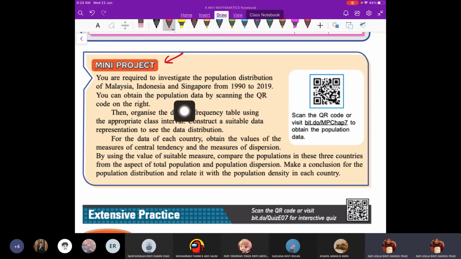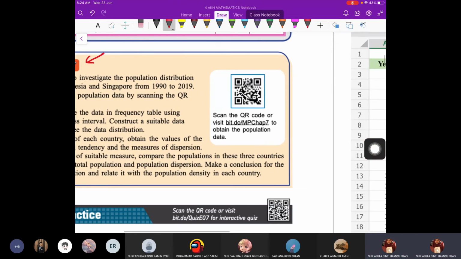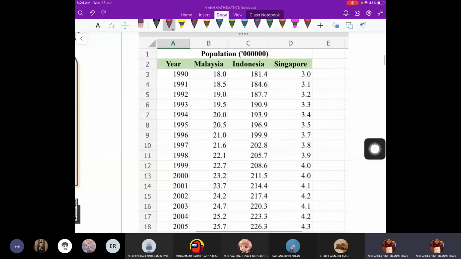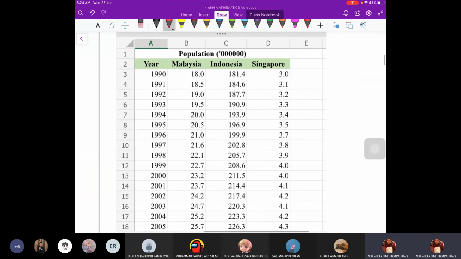So population data ni kamu tak perlu nak buat survey ke apa. Kamu boleh dapatkan daripada link ni ataupun QR code. Okay, ni. Bila kamu buat ni, kamu akan dapat macam ni lah. Dia akan bagi kamu satu Excel.